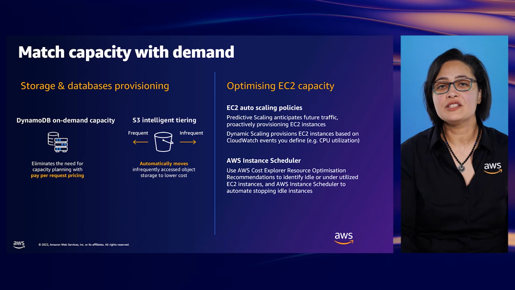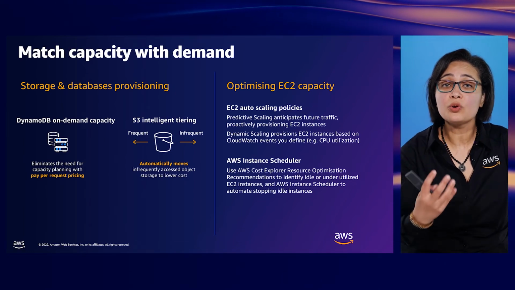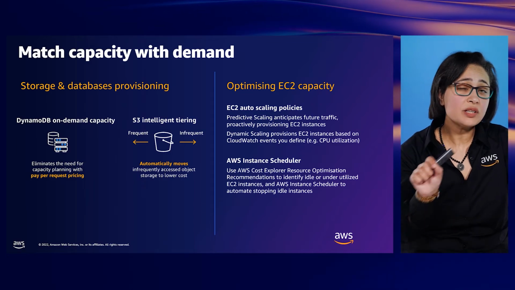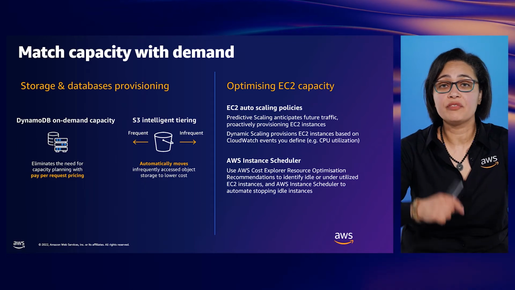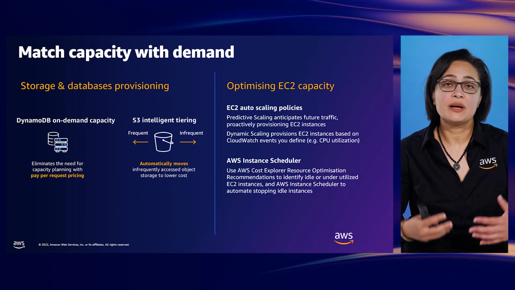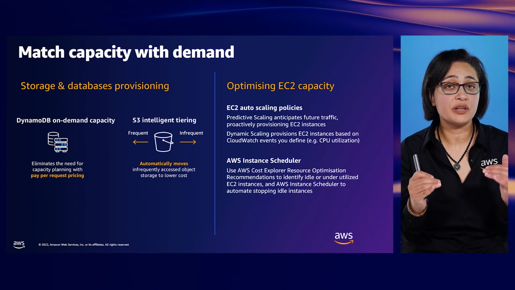You can also use EC2 Auto Scaling to improve the application availability and control costs by automatically adding or removing EC2 instances according to the conditions you define based on the fluctuation in the application demand. Being able to match the application capacity with demand ensures you are not over or under provisioning resources.